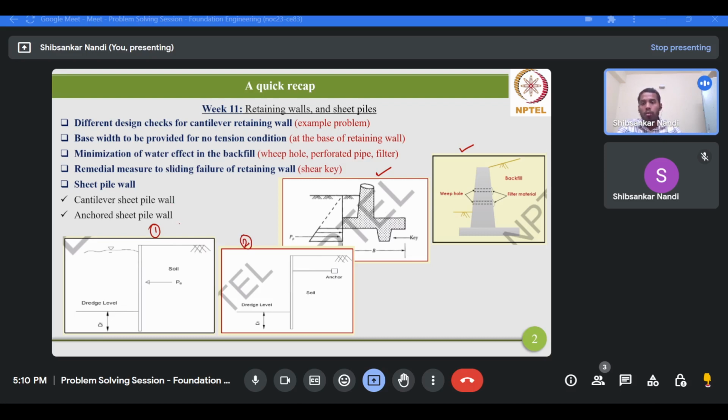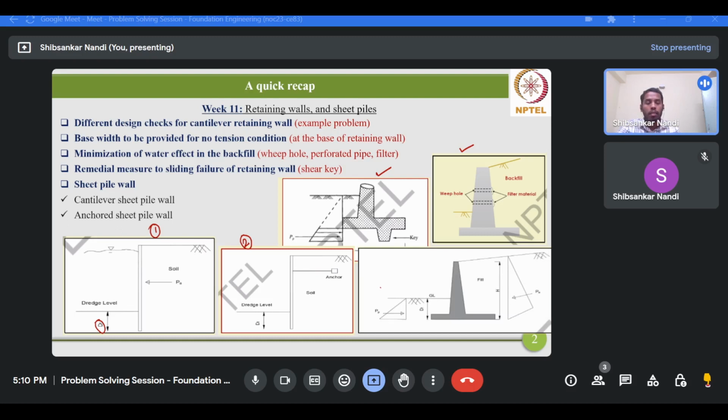Now in this week we have only learned about cantilever sheet pile wall, how to basically determine the net earth pressure diagram on a cantilever sheet pile wall for both purely cohesionless and purely cohesive soil. Okay, and subsequently how to determine the depth of the wall. Now, what are the fundamental differences between the sheet pile wall and retaining wall?